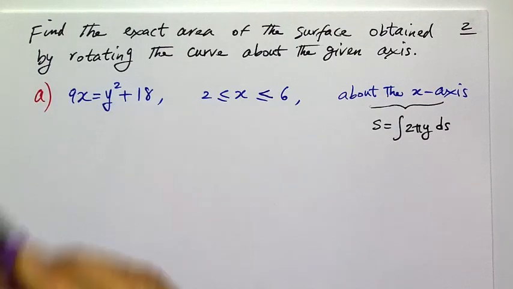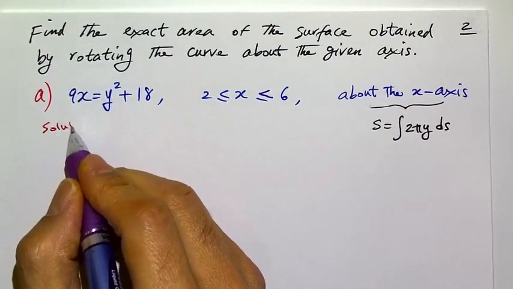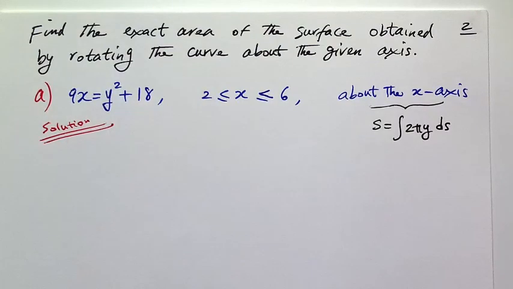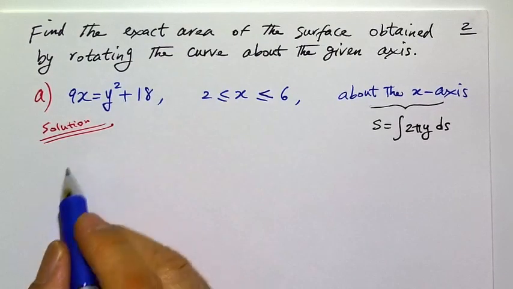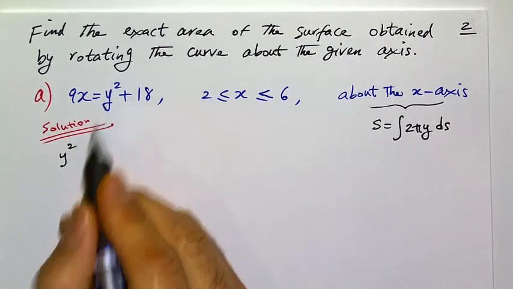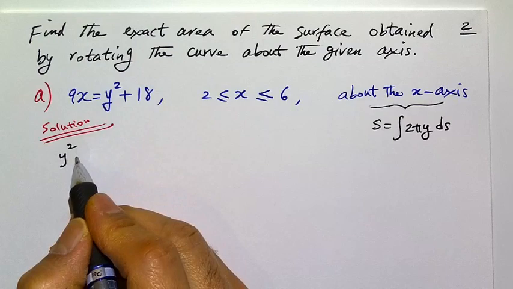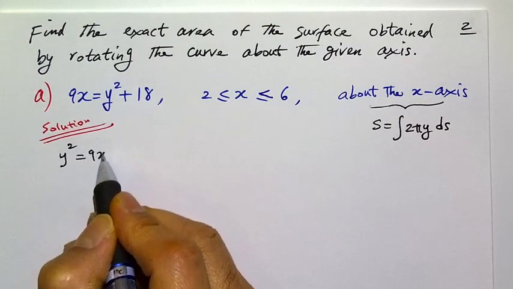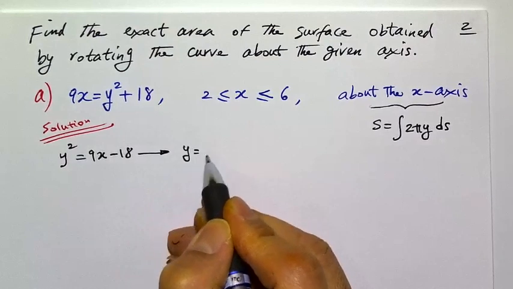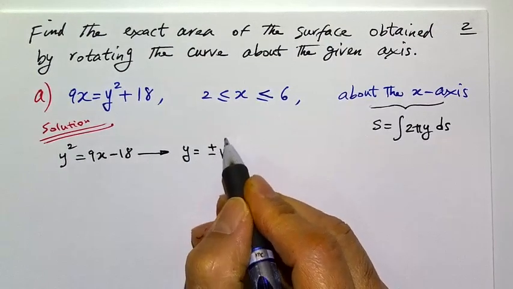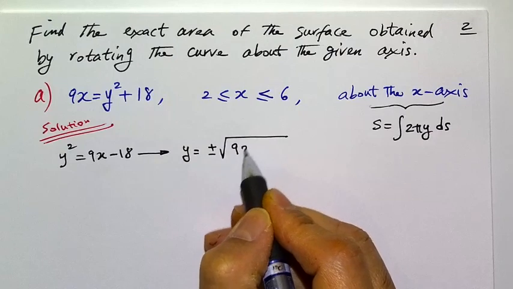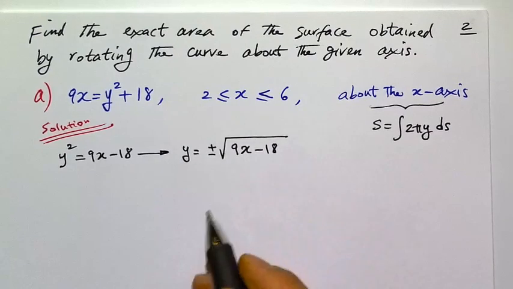So let's do that as our first step. We have y squared equals 9x minus 18, and then of course y equals plus or minus the square root of 9x minus 18.